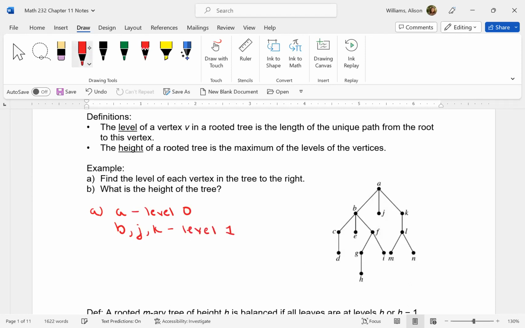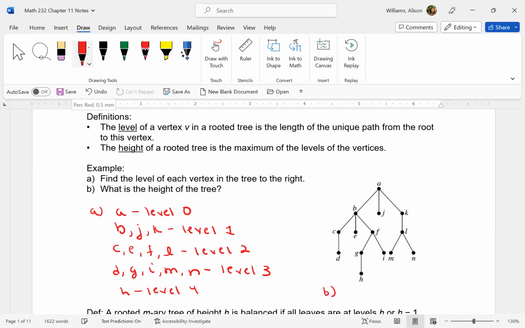So they're all one path away from A. Level 2 would be C, E, F, and L. Level 3 would be D, G, I, M, and N. And then we have one item at level 4, and that's H. Okay, so for part B, the height of this tree is 4 because we go based off the biggest level.